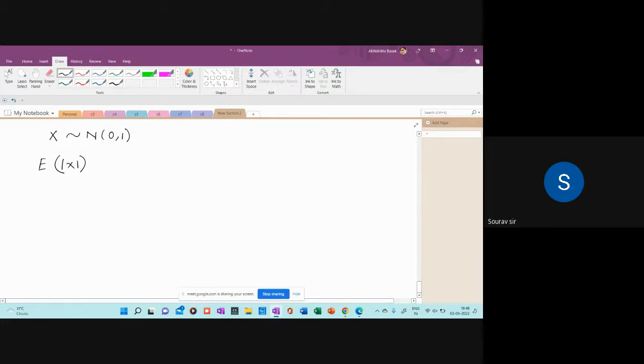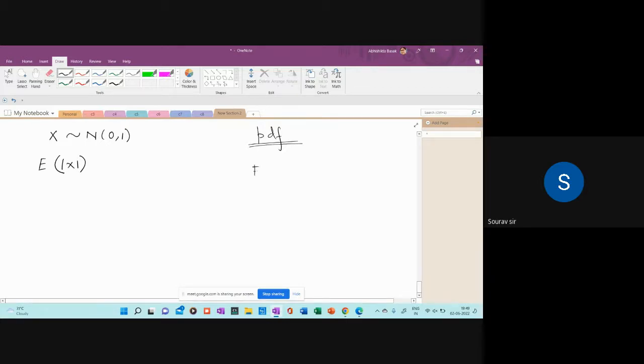Now what people usually get confused about is that since this is normal, we are dealing with the PDF, which means we need to do the integration, and even the standard normal PDF is very complicated.